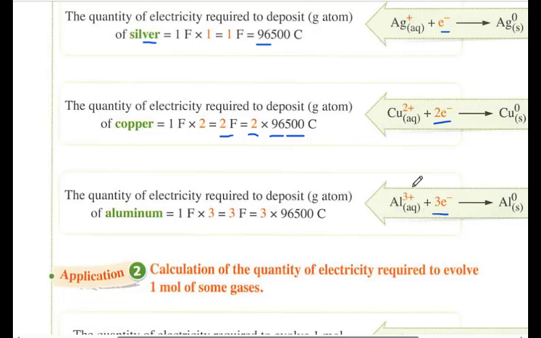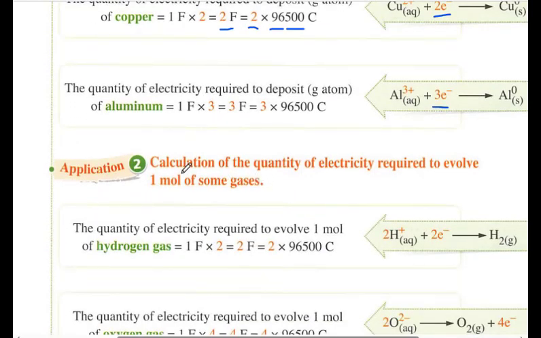So 1 mole of aluminum, 1 atomic mass of aluminum, 27, requires 3 moles of electrons, meaning 3 Faraday as a measuring unit. Each 1 Faraday equals 96,500 coulomb. So the atomic mass of aluminum requires 3 Faraday, or 3 times 96,500 coulomb.